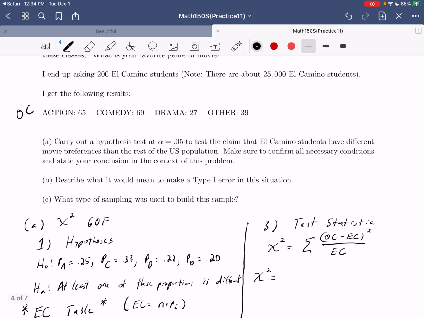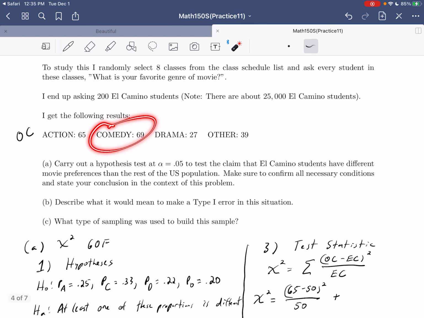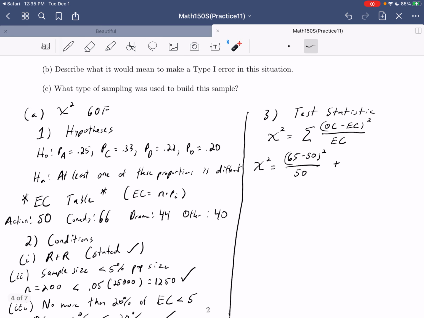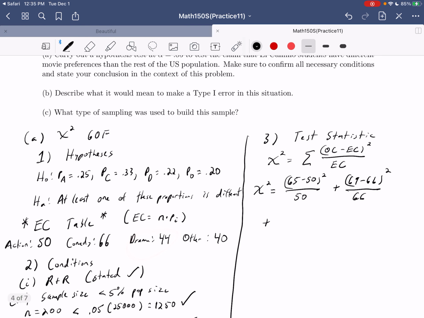Okay, so our first observed count is we observed 65 El Camino students pick action. We expected 50. So it's going to be 65 minus 50 squared over 50, plus we observed 69 students choose comedy versus 66. So 69 minus 66 squared over 66, plus we observed 27 choose drama against an expectation of 44.